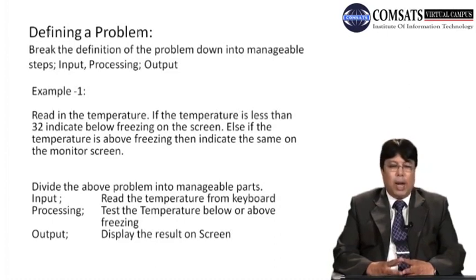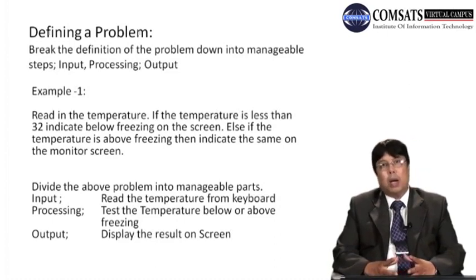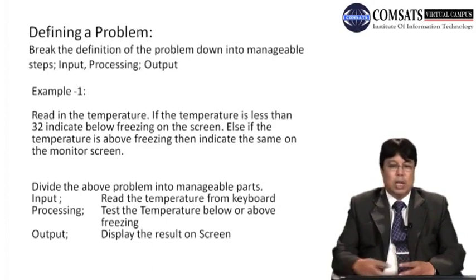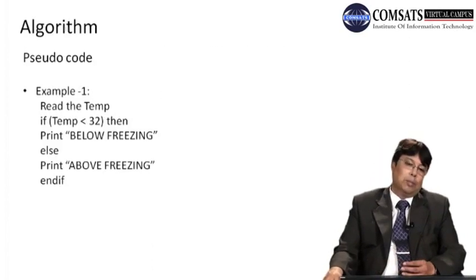So how can we divide the above problem into manageable parts? Input, read the temperature from the keyboard. Processing, test whether the temperature is below or above freezing. Output, display the result on the screen.